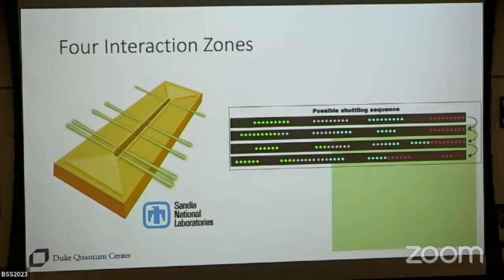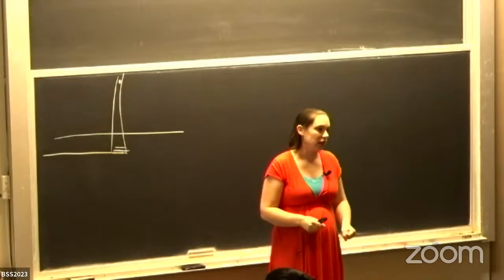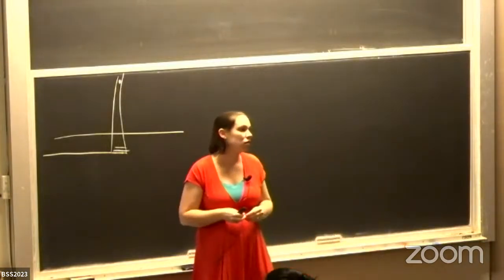Yeah, I meant earlier. Oh, and it's in like a grid. Yeah. So the grid, I think of it as kind of like the streets in a city, but you still have to bring the two ions together to do a gate. And so you would have certain zones that are indicated as, okay, this is a gate zone. And I would take the ions there and do their gate and then take them wherever they need to go.